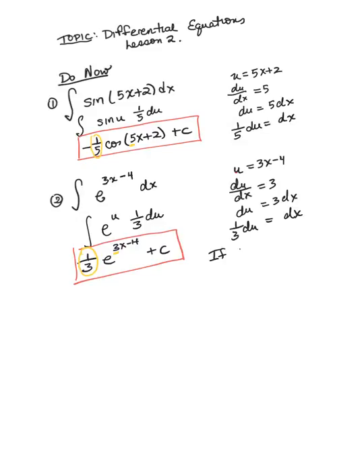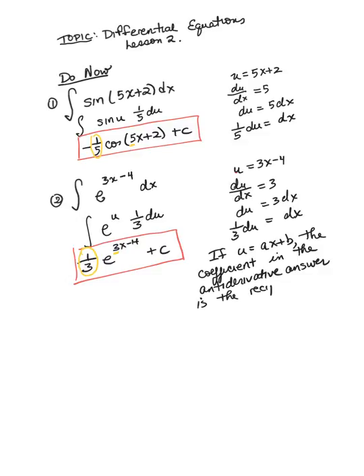If u is in the form of ax plus b, the coefficient in the antiderivative answer is the reciprocal of a. Or just 1 over a.